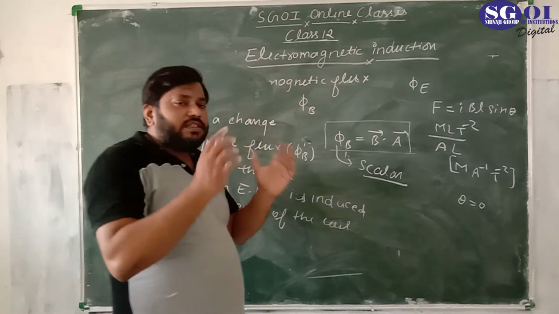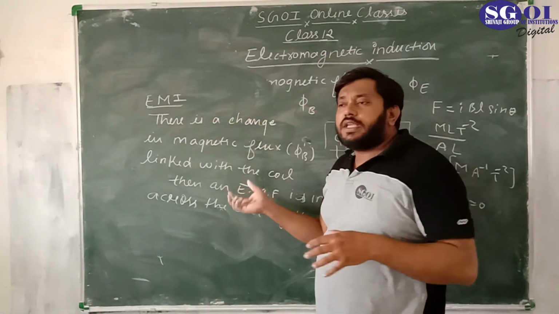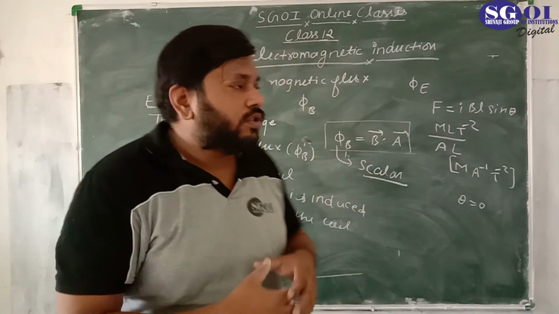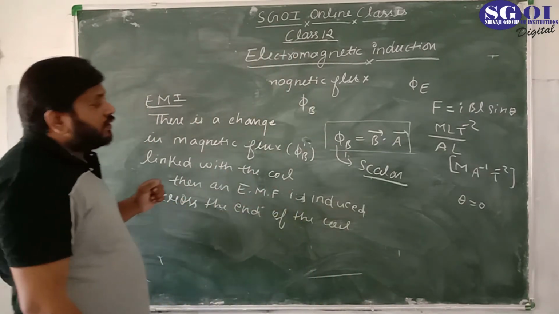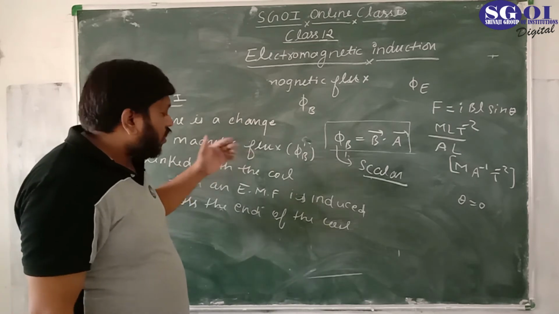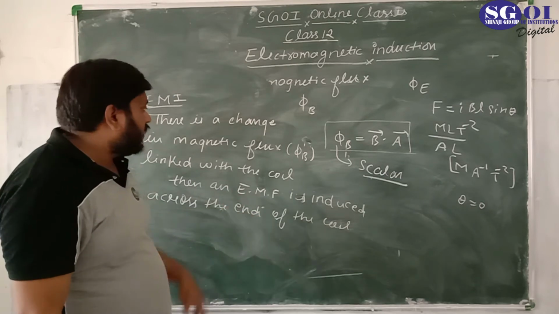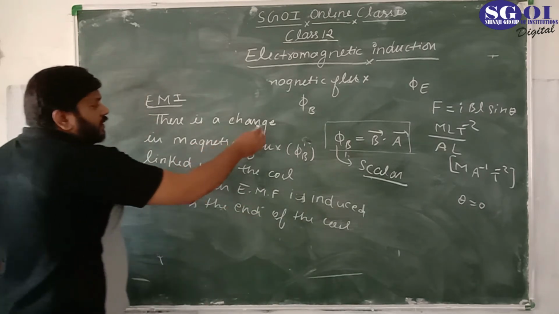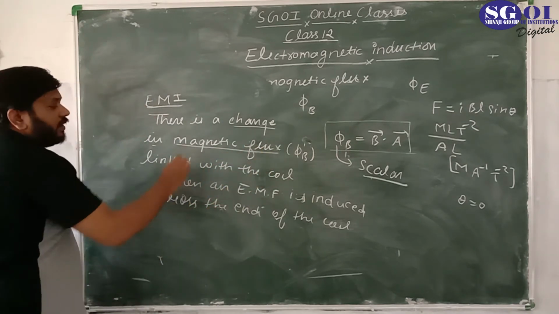A changing magnetic field produces a current, or we can say a voltage. So there is a relation between magnetic flux and electric voltage or induced current. The main concept is change in magnetic flux linked with the coil.